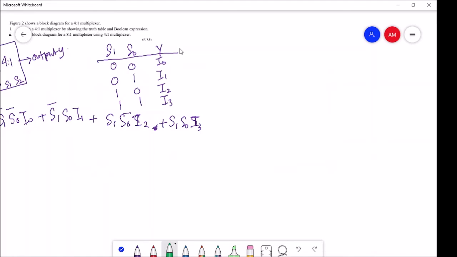Okay, now to draw an 8-to-1 multiplexer using 4-to-1 multiplexers. We need to use 2 4-to-1 multiplexers to combine into an 8-to-1 multiplexer.